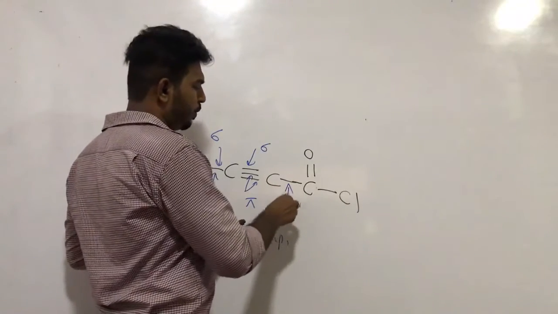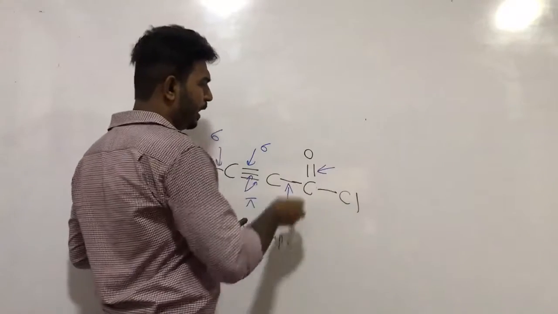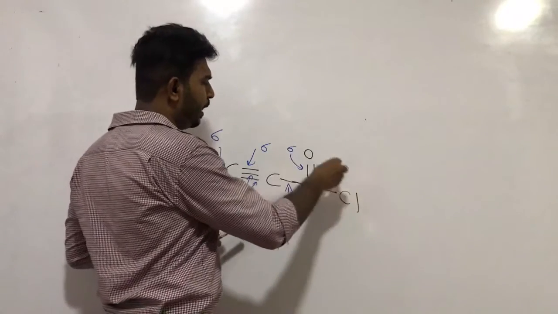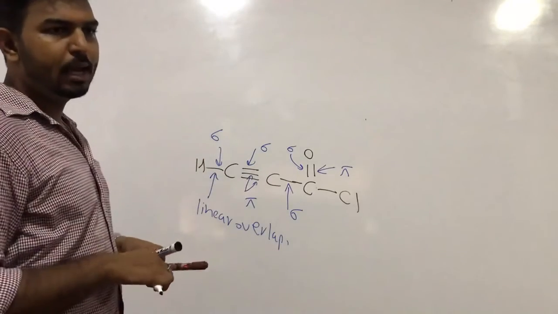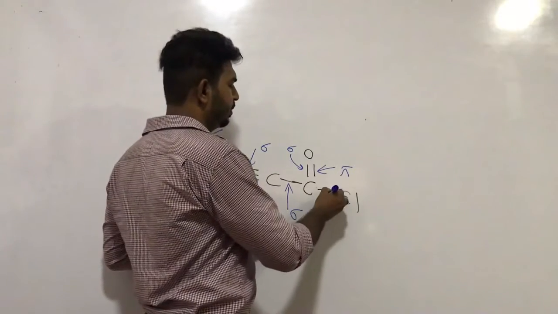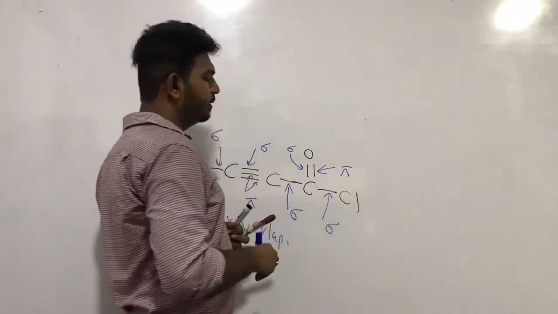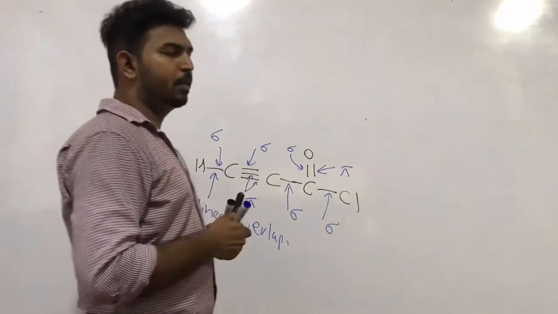There are two bonds, so one should be sigma and one should be pi bond. And here there is a sigma bond.